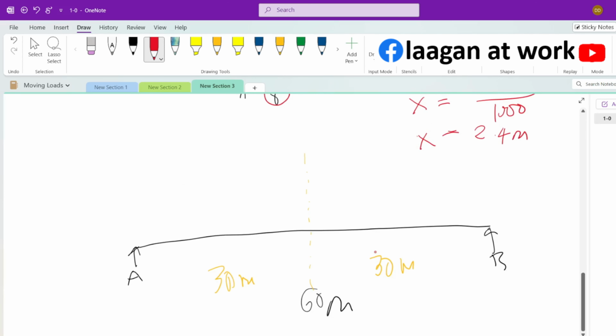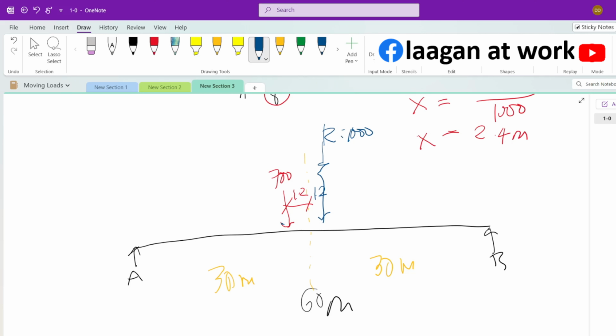So the 700 load is 1.2 from the center line, because the resultant is right here, which is another 1.2. That is 1000. So that is how you position your load to get the maximum moment.